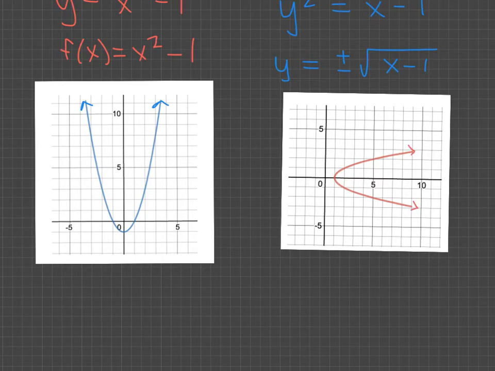So this is called the vertical line test, and the vertical line test tells us that if we draw a vertical line through a graph and it crosses more than once, then it is not a function. So a vertical line through this one that we know is a function, draw a vertical line anywhere, it's only going to cross once.